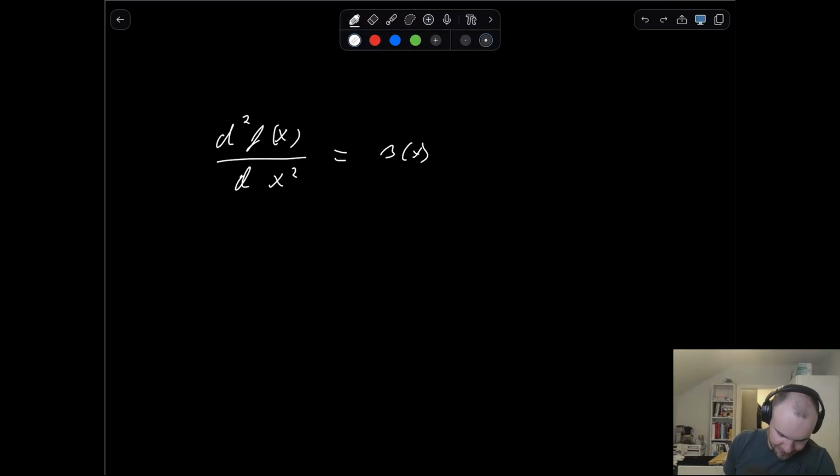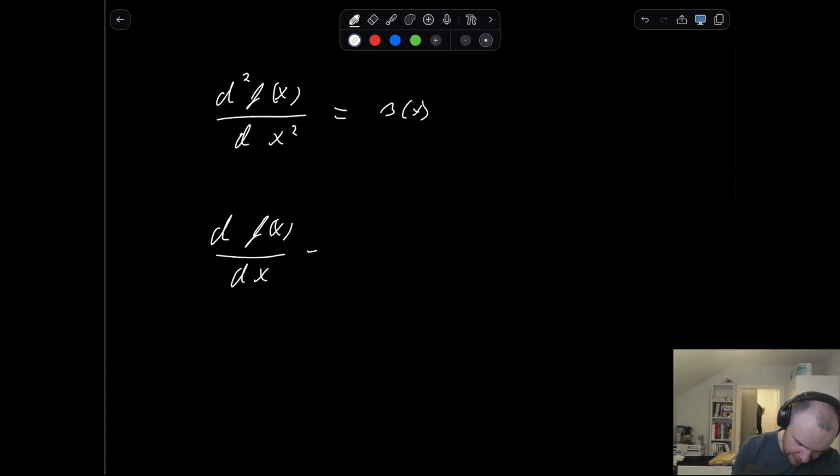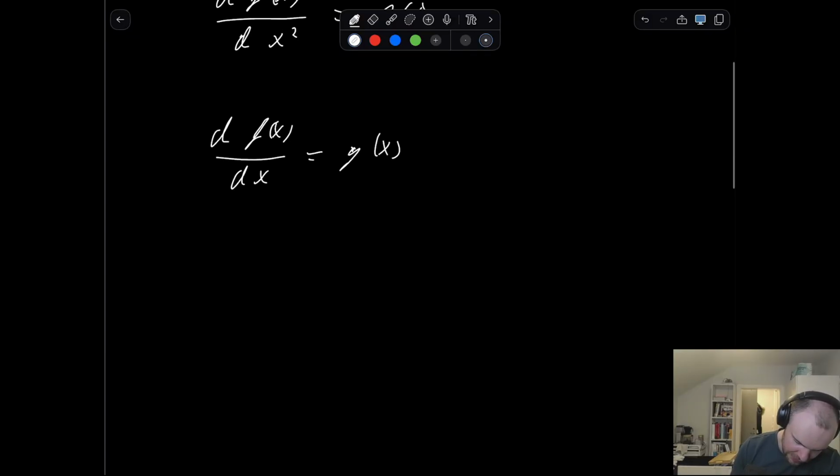So how would we solve this differential equation numerically? We would start with the simpler case, of course, a single derivative: df of x divided by dx is g of x. Now we can do this as proper physicists and just do algebra on the dx, that's what we always do. Then we get dx on this side.